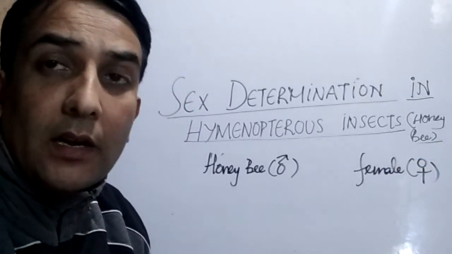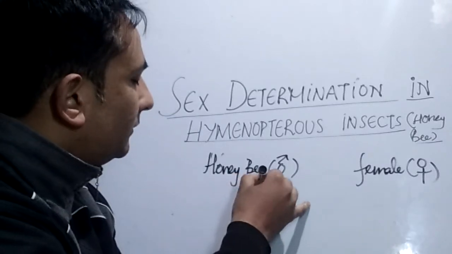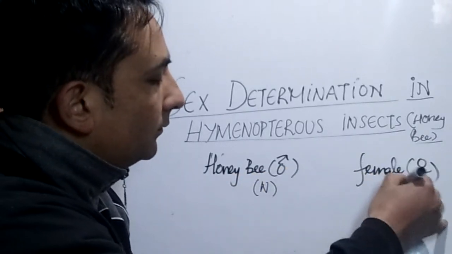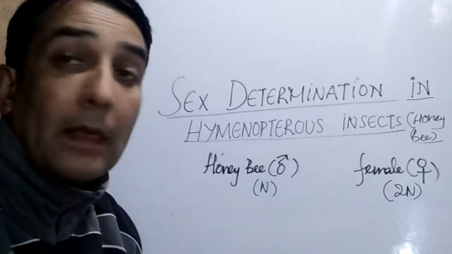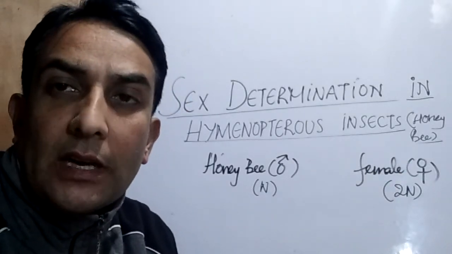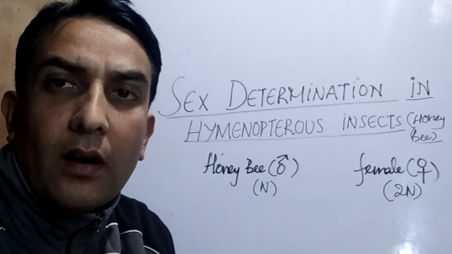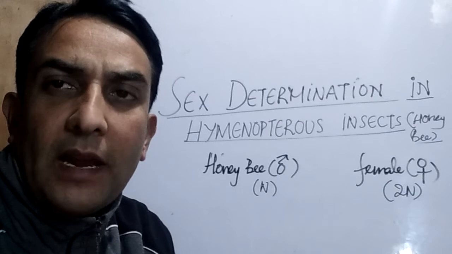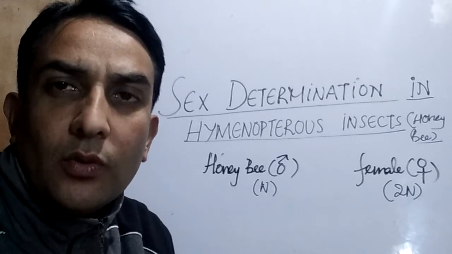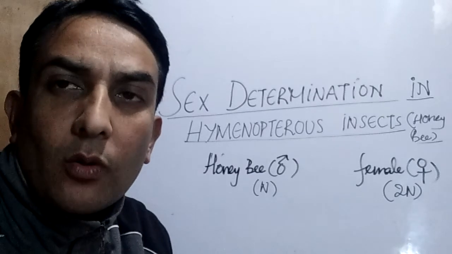The male, as already said, would be haploid and the female would be diploid. Honeybees are social insects. They prefer to live in colonies. There are only very few male individuals in the colony, which we call drones, and all these males are haploid, meaning they have half the number of chromosomes.